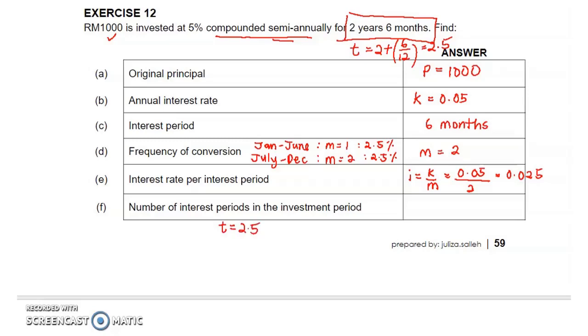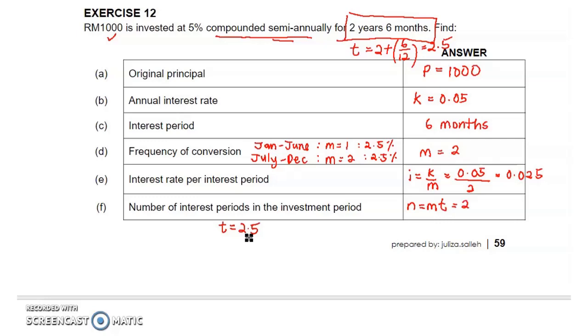Okay, number of interest period in the investment period is value N. Meaning to say that M is how many times we calculate interest within 1 year, and N is how many times we calculate interest for the investment period, which in this case is 2.5 years. So N equals to M times T. So 1 year we calculate interest twice.